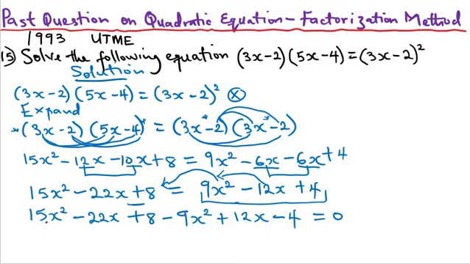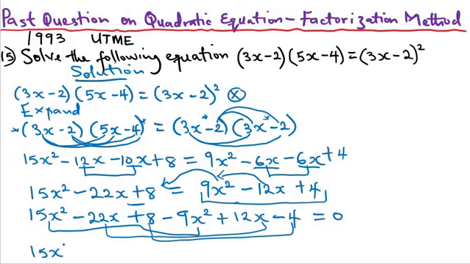Now we collect like terms. x² and x² are like terms, x and x, and then the constant to the constant. So we're having 15x² - 9x² - 22x + 12x + 8 - 4 = 0.